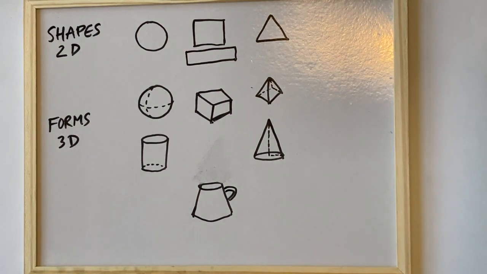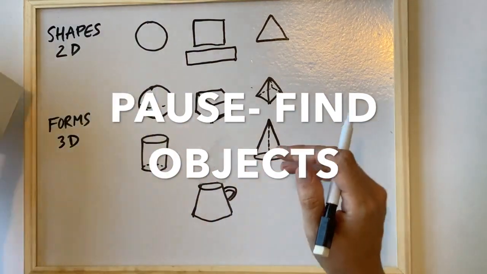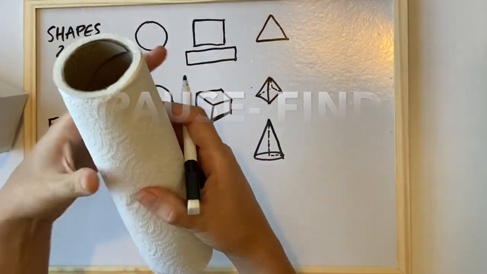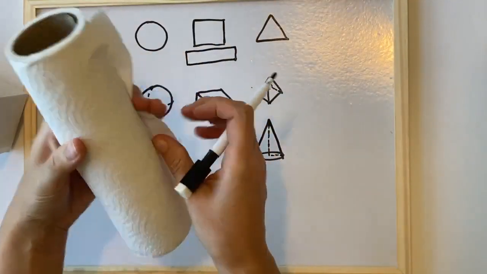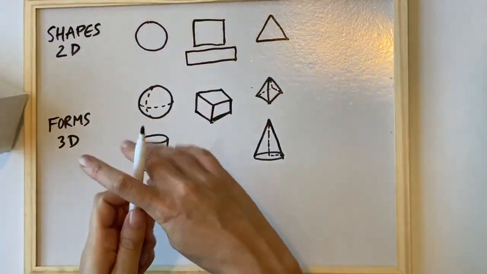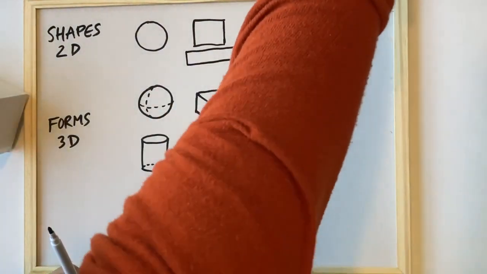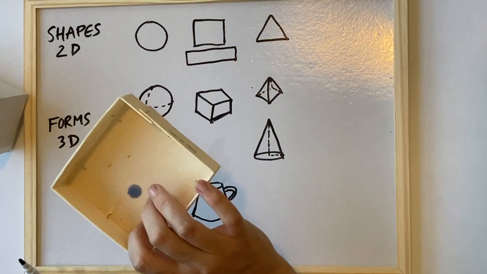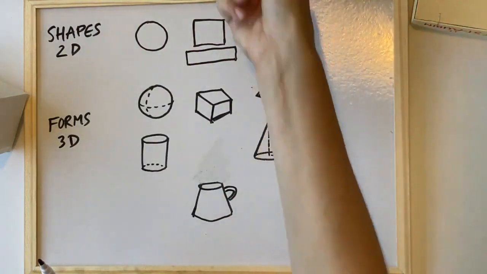So try to find some things in your house that relate to these forms. So for instance, boxes. This is a cylinder. Here's another box. Partial cone.